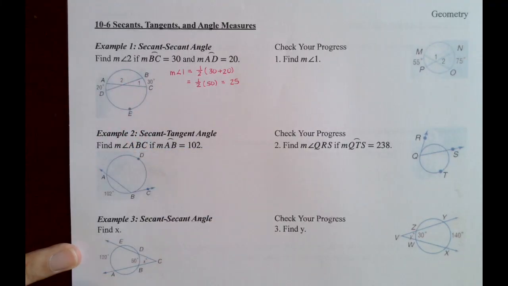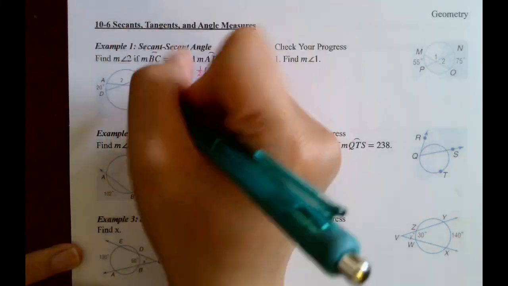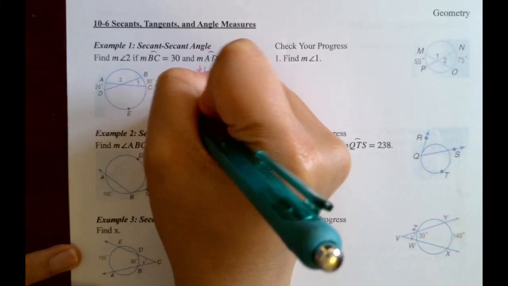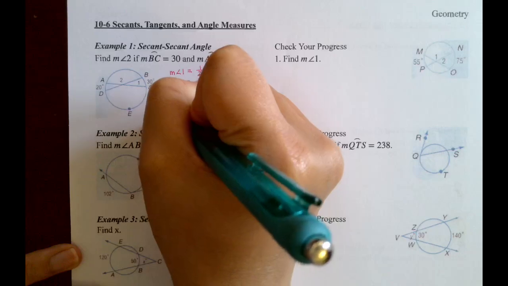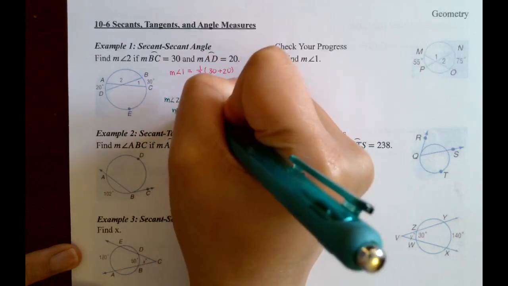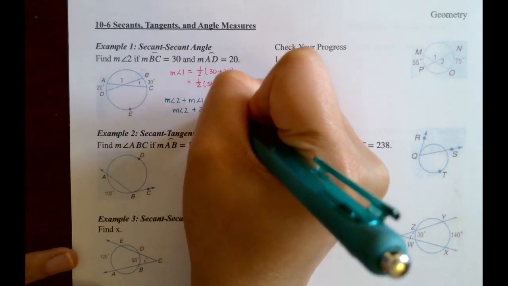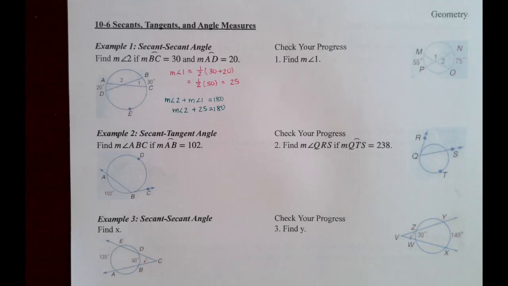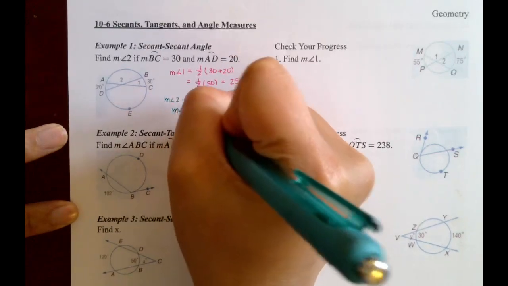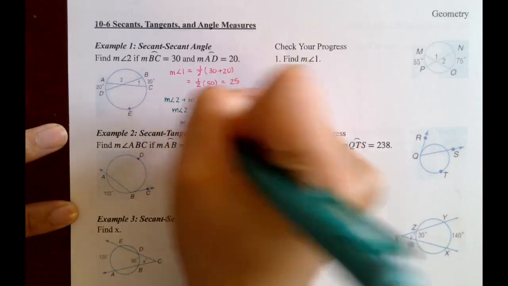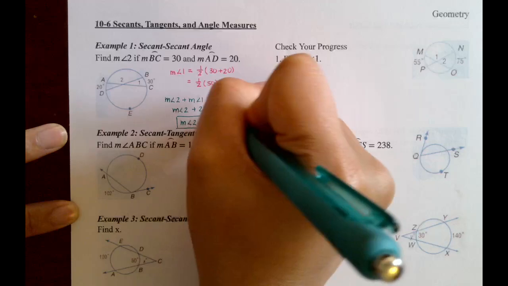It forms a linear pair with angle 2, so angle 1 and angle 2 will equal 180. Since I know angle 1 is 25, I can do 180 minus 25, and that gives me 155. So the measure of angle 2 is 155 degrees. That's how I would do it.